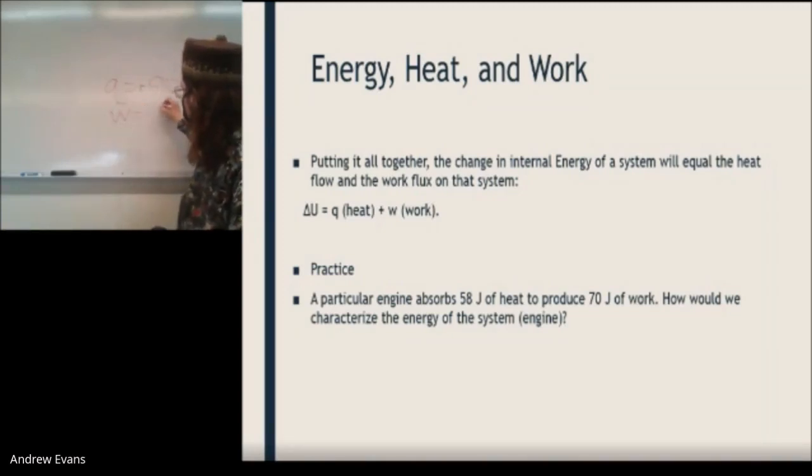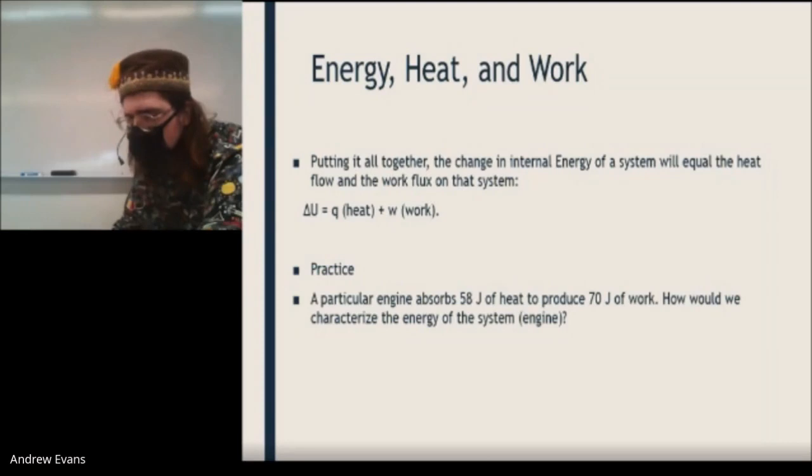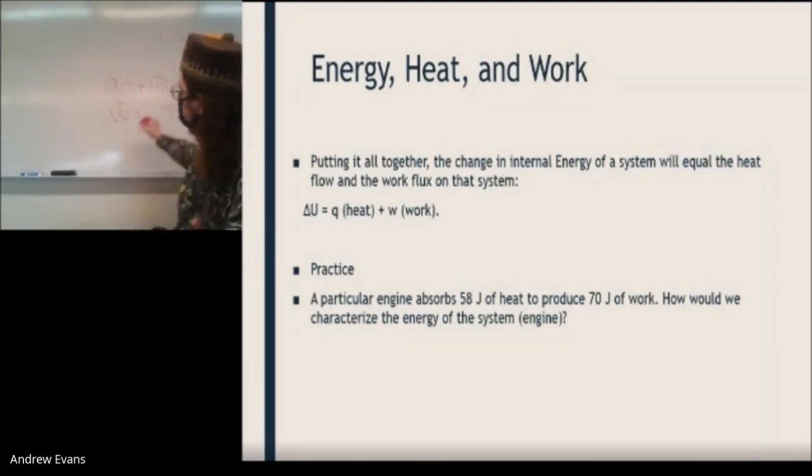Now the work, it's 70 joules. Now, is work done on the system, meaning it goes in, or is work done by the system, meaning it comes out? Well, this produces work. When it produces the work, it goes out. So we have a negative 70.